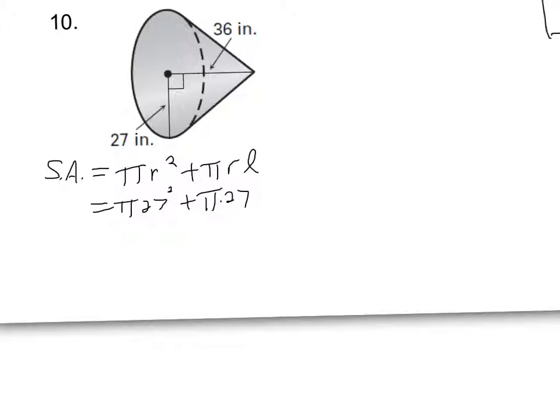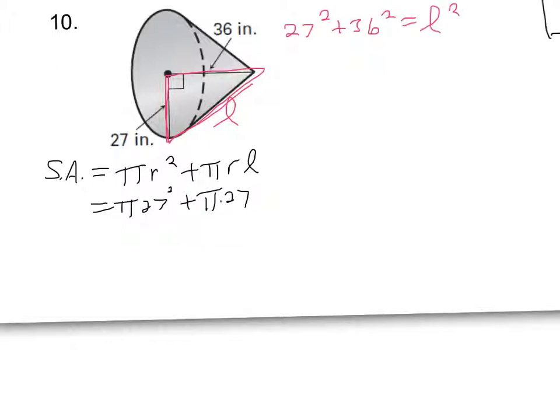We actually don't have that in this case. The slant height would be right there, and so that's actually the hypotenuse of the right triangle that's formed by those two numbers. So I'm going to take a break from this and figure out the slant height using the Pythagorean theorem.